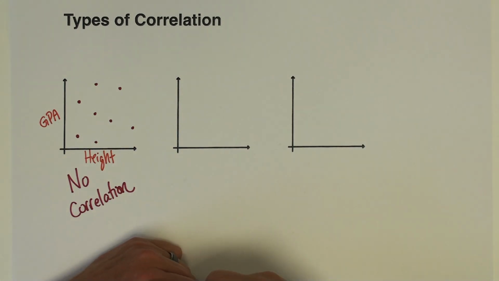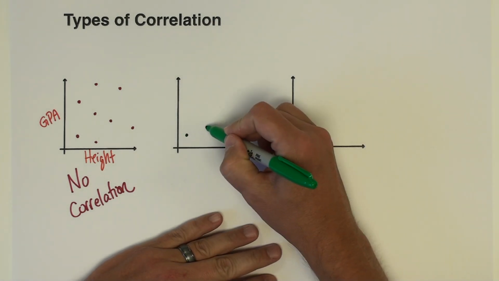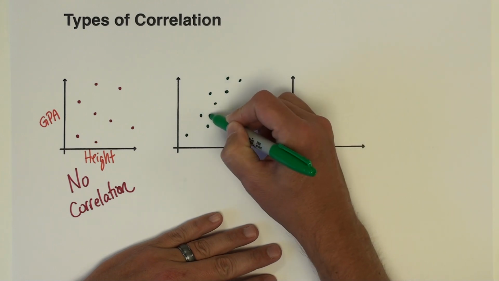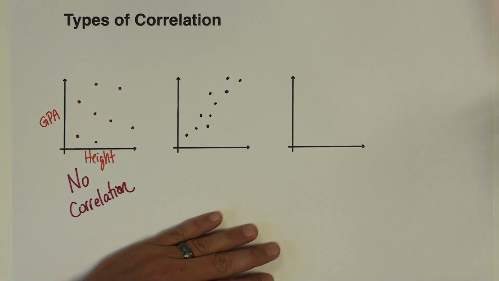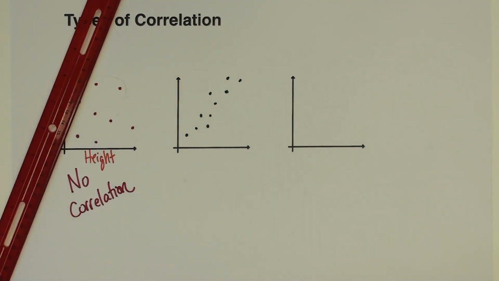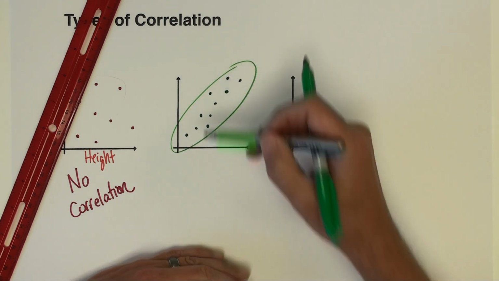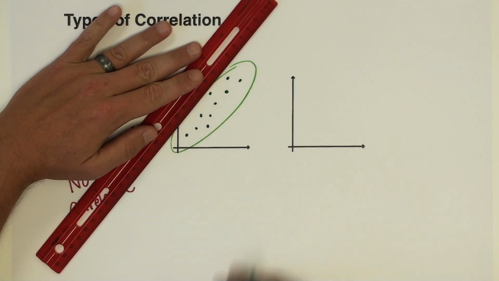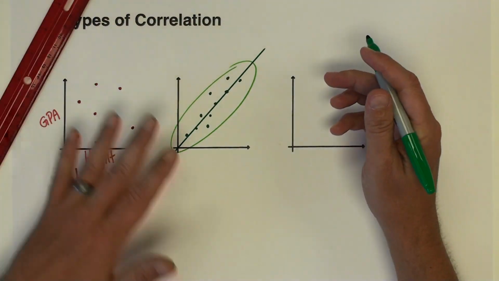Something else that we might see, maybe we've got some points of data that look like this, where it's definitely looking like the points are following a line. They're clustered pretty tightly together. In fact, if you look closely, you can see a line going through there.